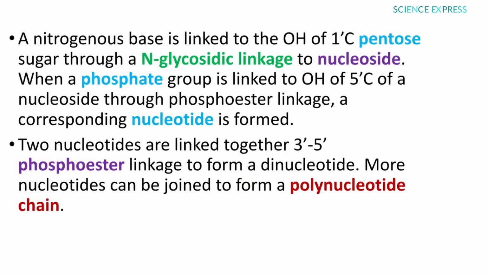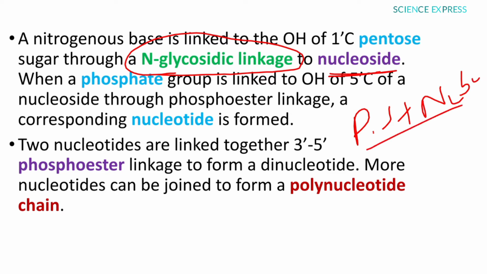Now, a nitrogenous base is linked to the hydroxyl of the first carbon of the pentose sugar through an N-glycosidic linkage to form a nucleoside. That means a nucleoside is a pentose sugar plus a nitrogen base. These two together are called a nucleoside.